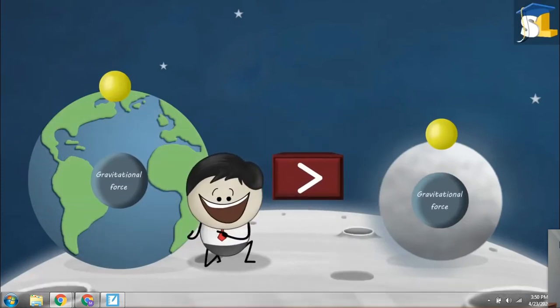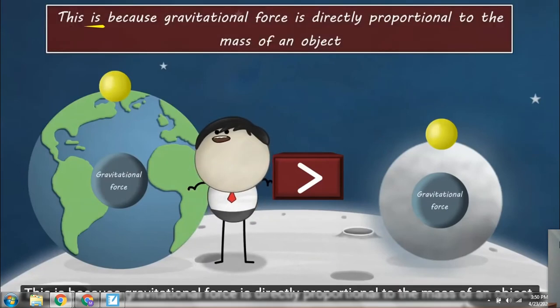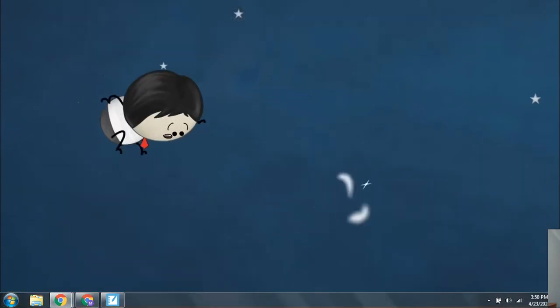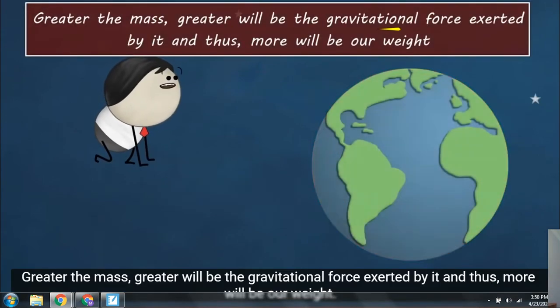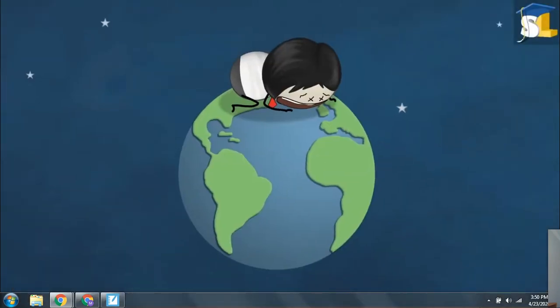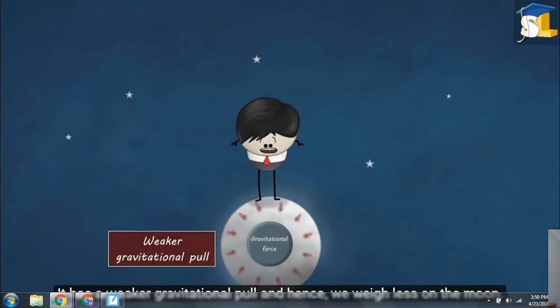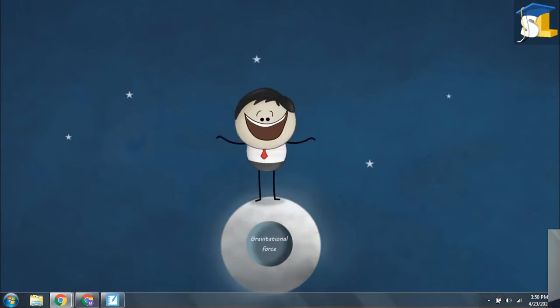Bingo. You are right. But do you know why? This is because gravitational force is directly proportional to the mass of an object. Greater the mass, greater will be the gravitational force exerted by it, and thus, more will be our weight. As the moon has lesser mass than the Earth, it has a weaker gravitational pull, and hence, we weigh less on the moon.